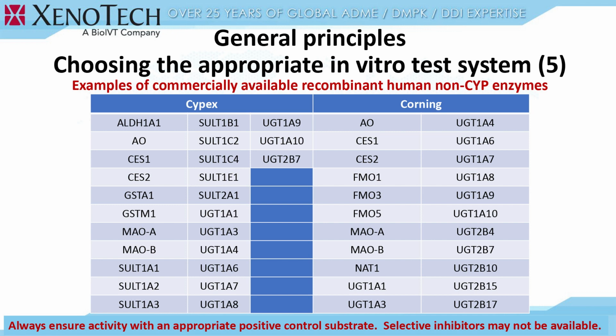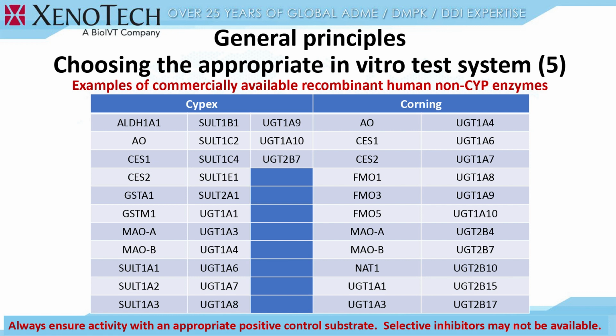And it's important to remember, though, when using recombinant enzymes, that recombinant enzymes provide largely qualitative results. So just to say that another way, using recombinant enzymes just tells you which enzymes can be involved in the metabolism of the drug. Now, that doesn't necessarily mean that they're always involved in the metabolism of the drug in vivo.